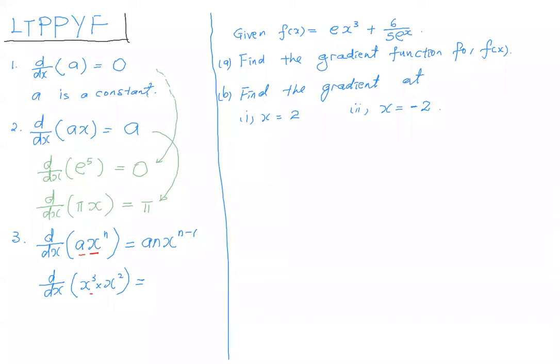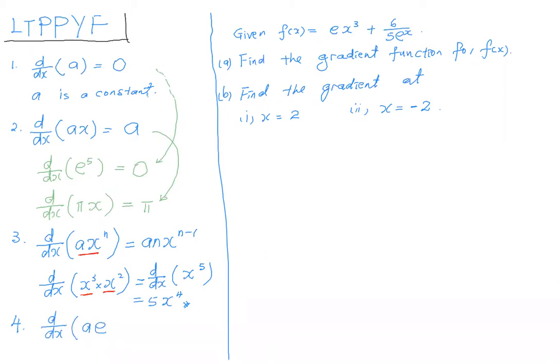I have to change it first, correct? I have to put x to the power of 5 first. Then the answer is 5 times x to the power of 4. Thank you.